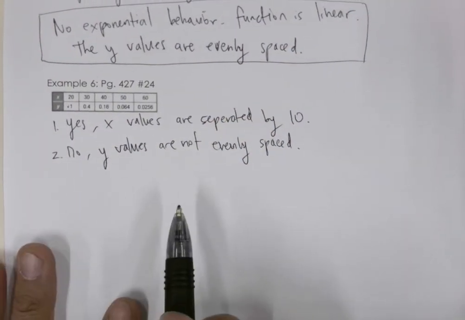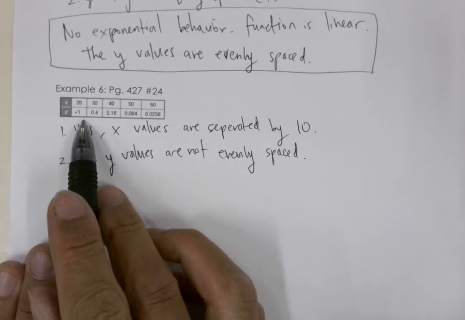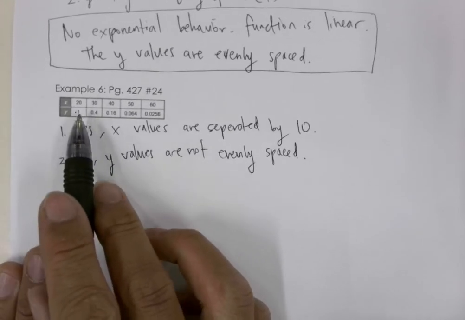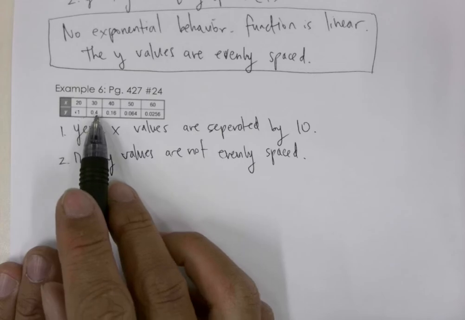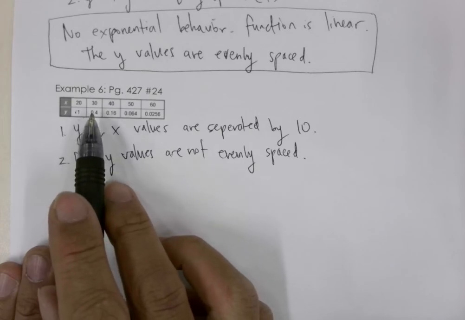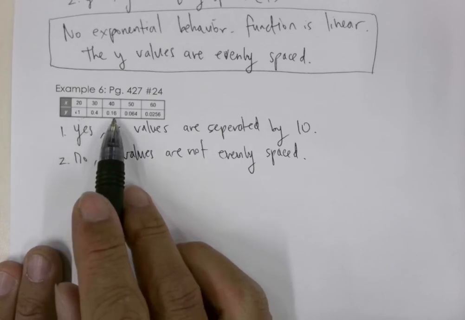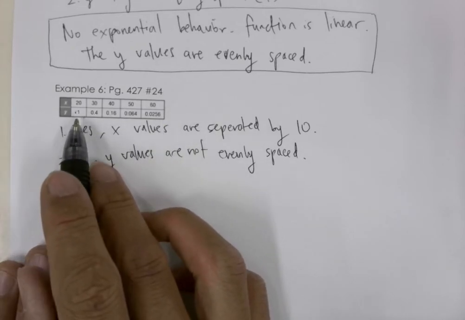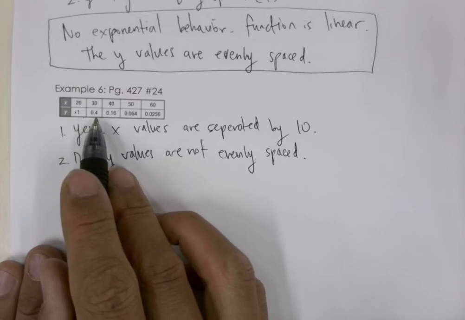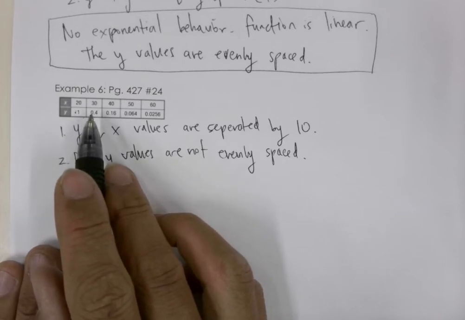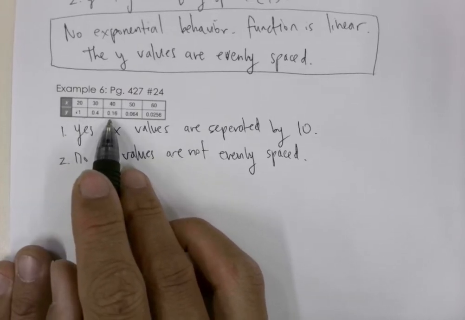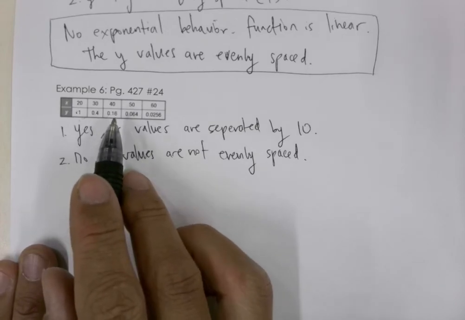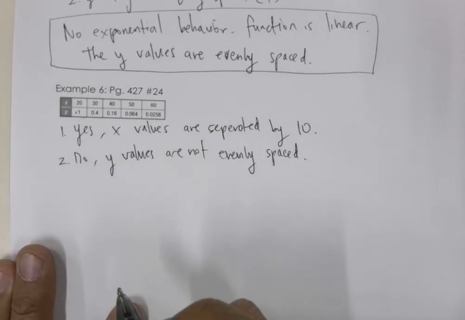Now we want to see, is there a factor that we can multiply this y value by to get to this y value, and we can multiply it by the same factor to get to the next y value. If we look at it closely, we can see we multiply 1 by 0.4 to get 0.4. Then if we multiply 0.4 by 0.4, we'll get 0.16. If we multiply 0.16 by 0.4, we'll get 0.064.